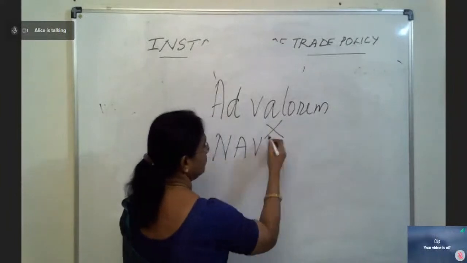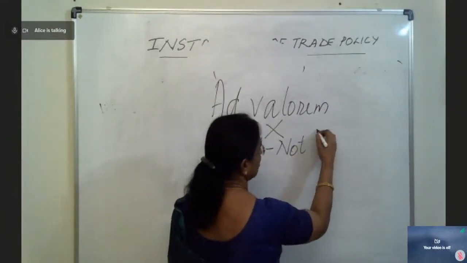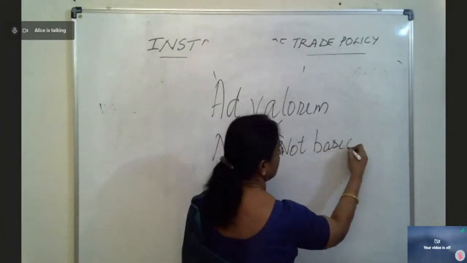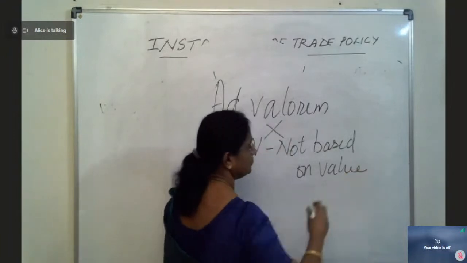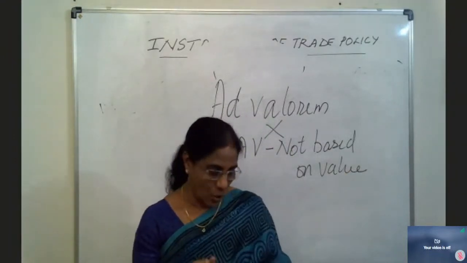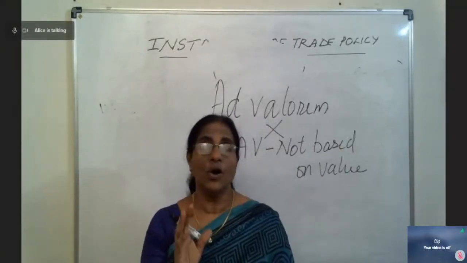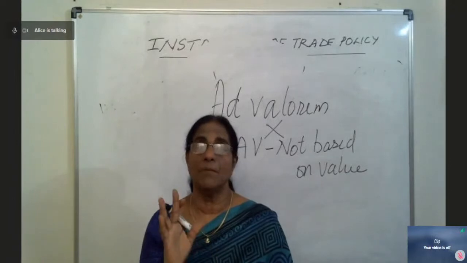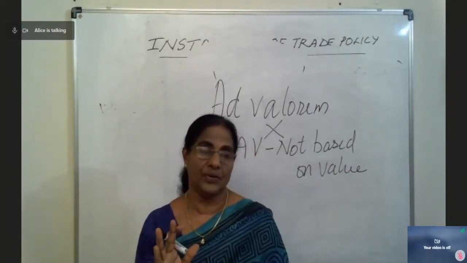Non-ad valorem is the opposite. So this is not based on the value of the good that is imported. So let us first go to non-ad valorem, because ad valorem takes many shapes. Non-ad valorem is not based on the price of the commodity.